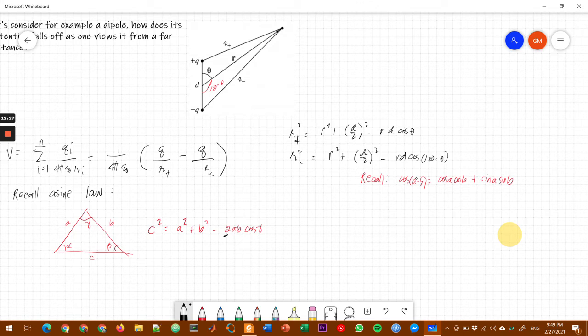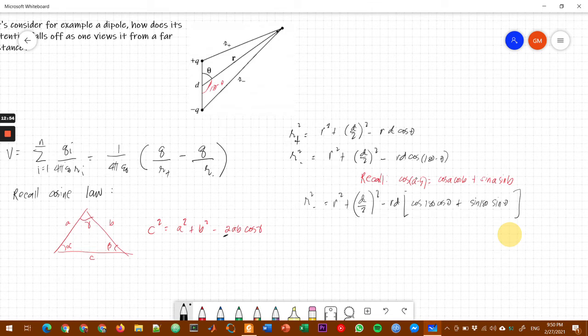So R minus squared becomes R squared plus D over 2 squared minus RD times cosine 180 cosine theta plus sine 180 sine theta.